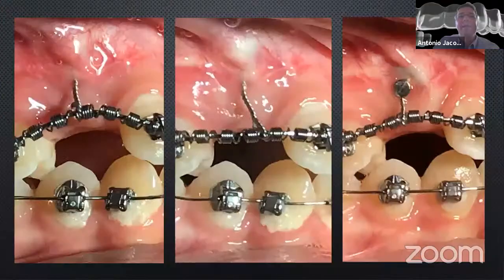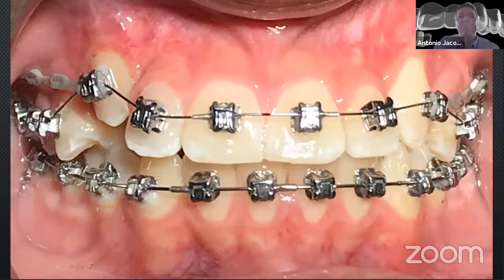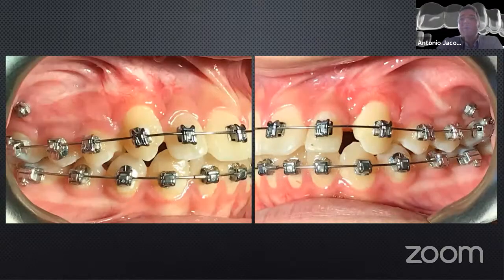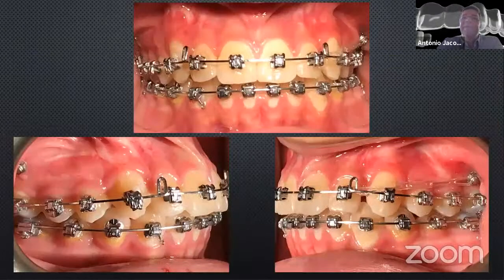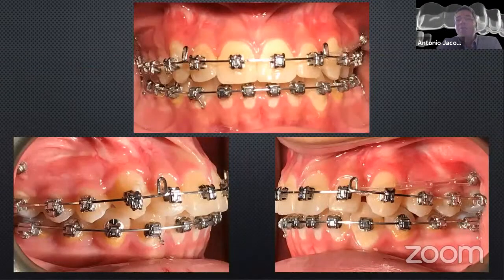And then I can just bring both of the canines into their position, and then I can use the same mini implants that I put at this time to have a proper position on the canines. So that's what happened. And then at this point, I can change the position of the lateral incisors to bring their roots towards distal now. And then this is the final result.